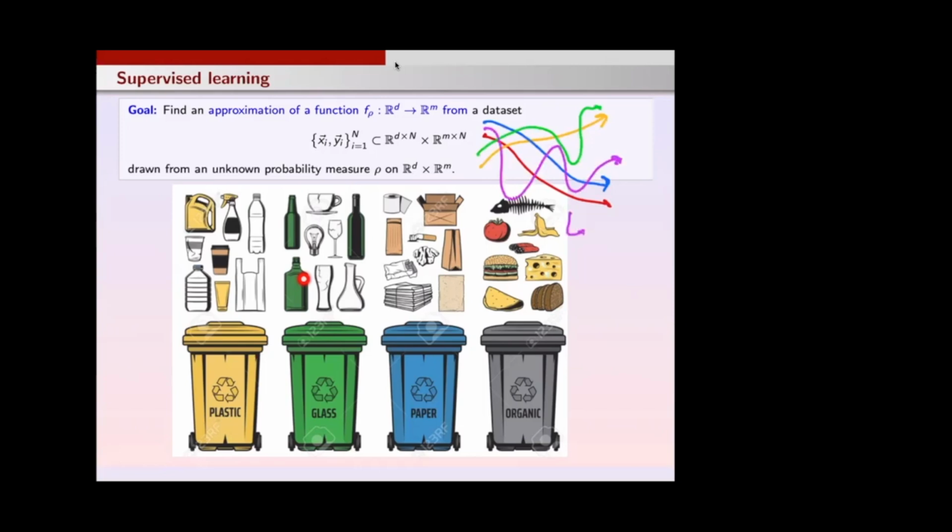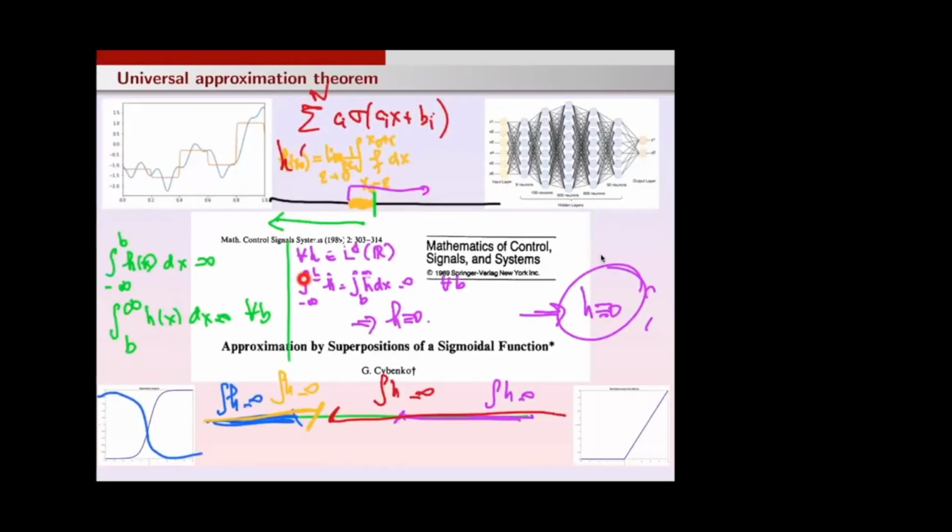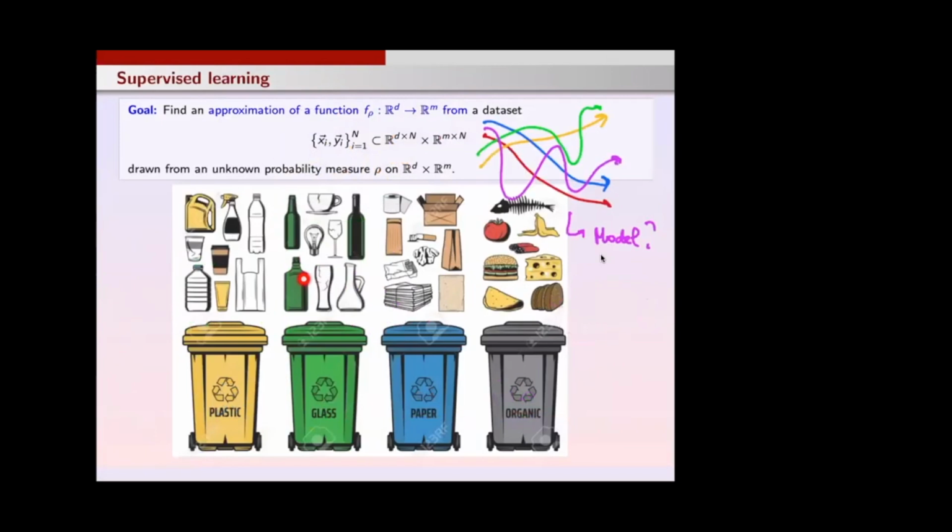But what is the model that is doing this? Well, what Cybenko said is, listen, you can always do that. Why? Because every function can be approximated by sigmoid functions, right? Therefore, regardless of how complex the function you are looking for is, and this is a function that will, of course, also depend on some time parameter.